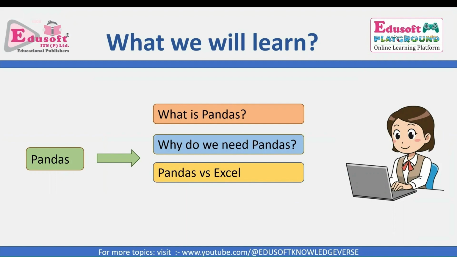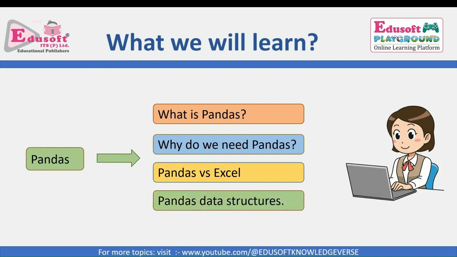We work on CSV files, Excel files, and text files. In this series, we are going to see what kind of operations we can perform on these text, CSV, and Excel files. Last but not least, we will cover Pandas data structures, and see what kind of data Pandas handles.